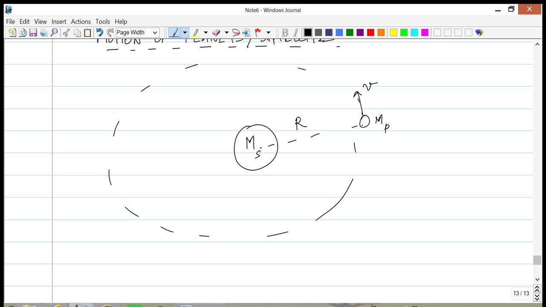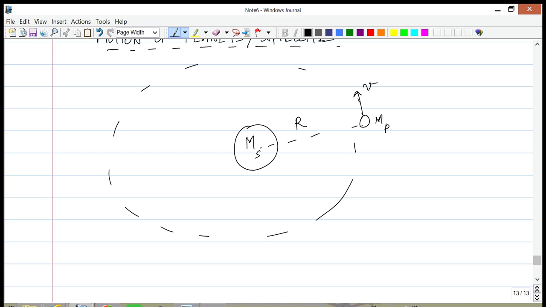The concept once again is very similar to what we've discussed earlier. We begin by saying that the object's moving in a circle, and if it's moving in a circle, we know that it must have some centripetal force, and that centripetal force points towards the center.